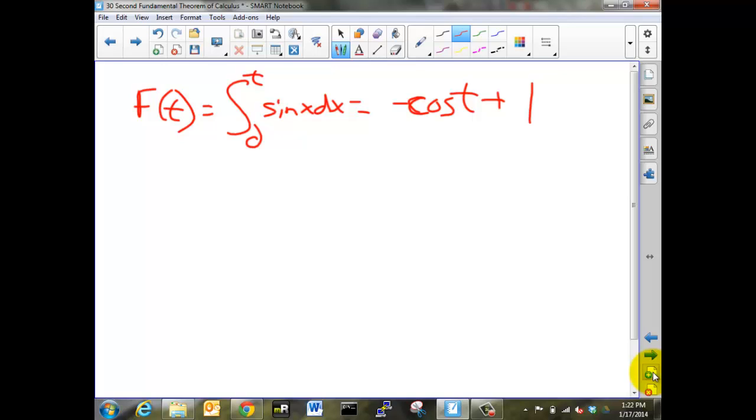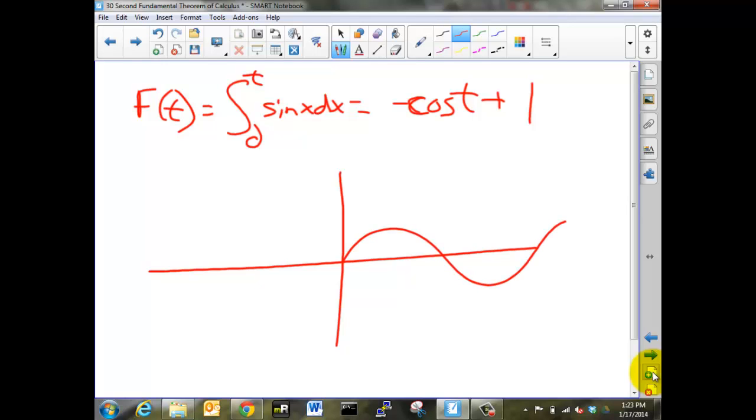Right? Okay. What does the sine of x look like graphically? Yeah, it's something like this, right?